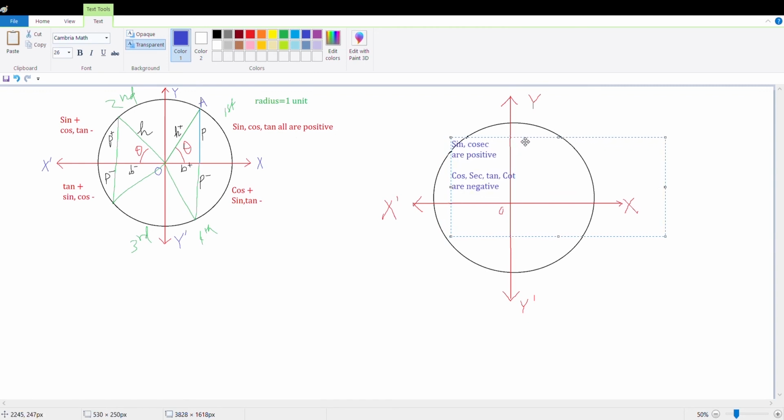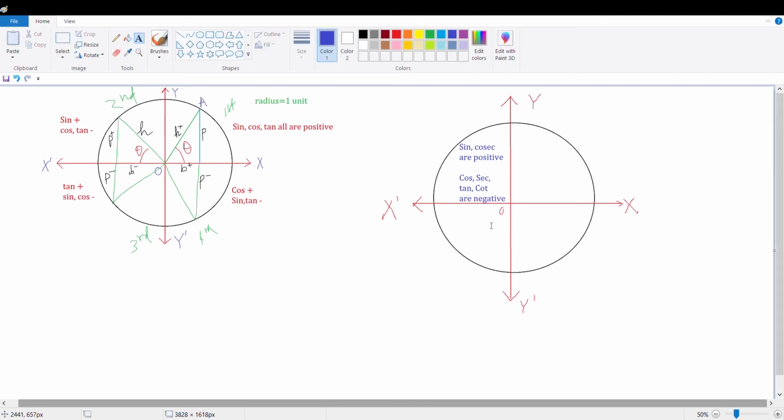That is sine, that is for second quadrant. Sorry, yeah, that's in second quadrant. Sine, cosec are positive. Cos, sec, tan, cot are negative.